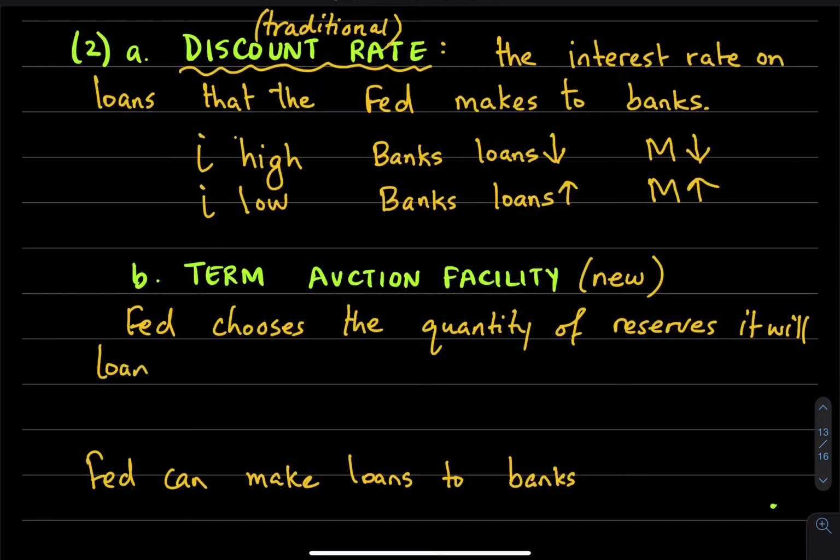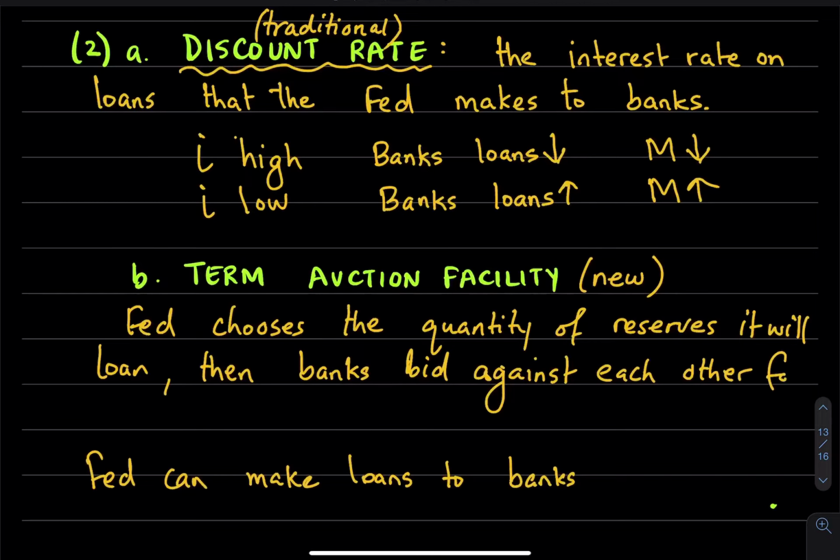So they're going to fix a dollar amount for how much they want to loan, and then banks would bid against each other for these loans. This method was used a lot post the Great Recession and even during the Great Recession. So this is sort of the more unconventional methods.